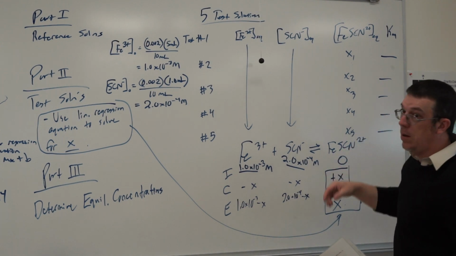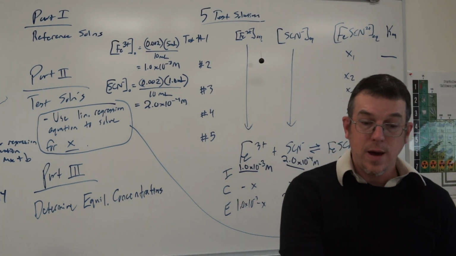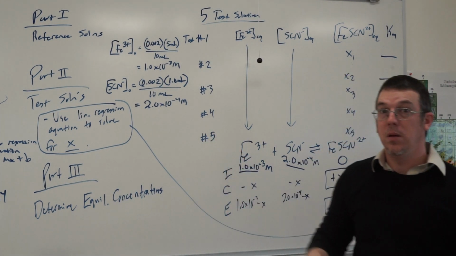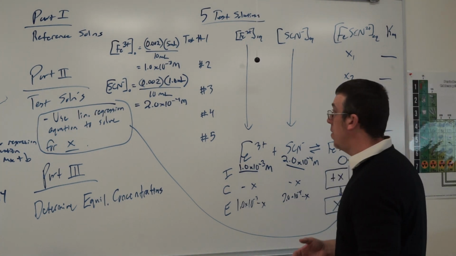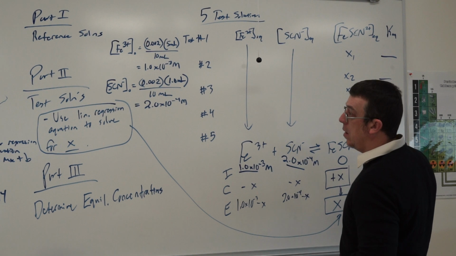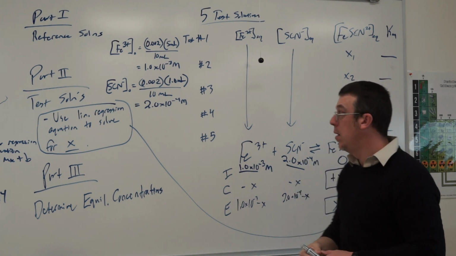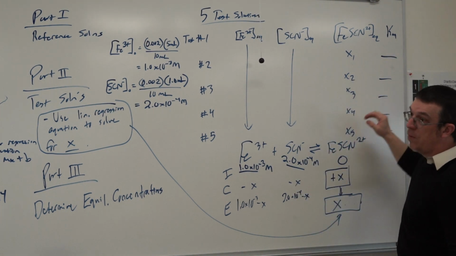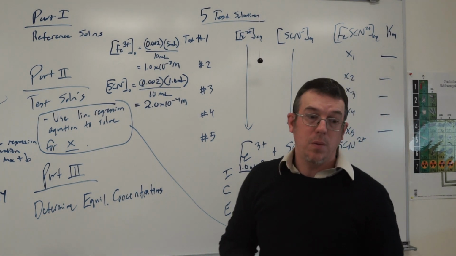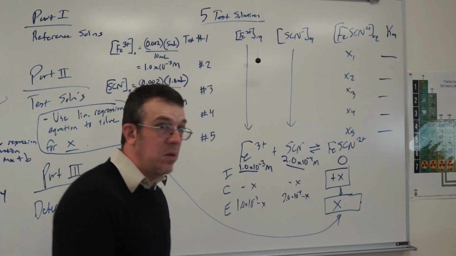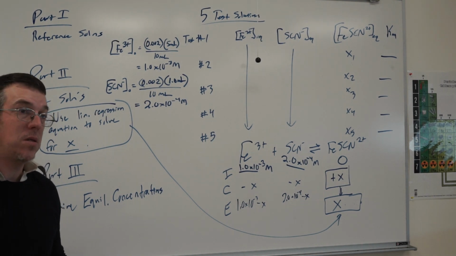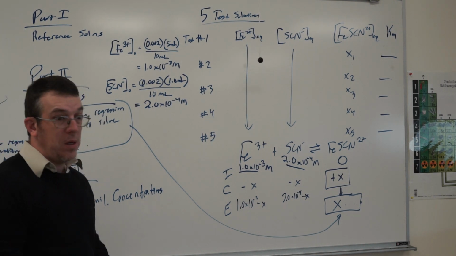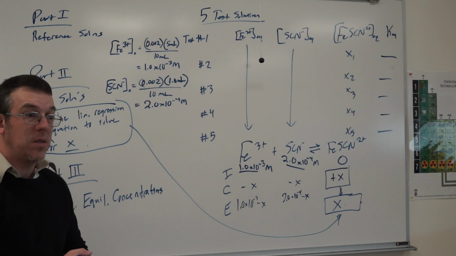Now when you calculate your equilibrium constant, that should be theoretically the same, but we know with experimental error you're going to have some differences in there. So once you have solved for all 5 of those equilibrium constants, you're going to then average those constants out. And once you average those constants out, you'll figure out the standard deviation and ultimately your percent RSD.